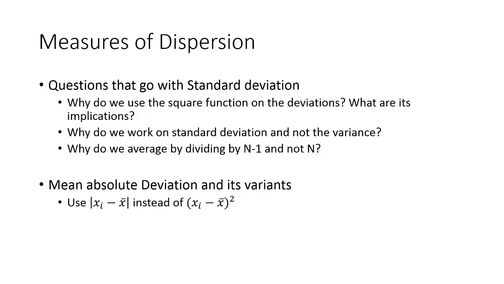But before we conclude on measures of dispersion, it's worth mentioning that there are some other measures of dispersion out there, and these are called mean absolute deviation, and there are many variants to it. But the core idea is that with mean absolute deviations, you replace what you use in standard deviation, which is the deviation of each point from its mean and squaring it. You replace that with an absolute deviation.